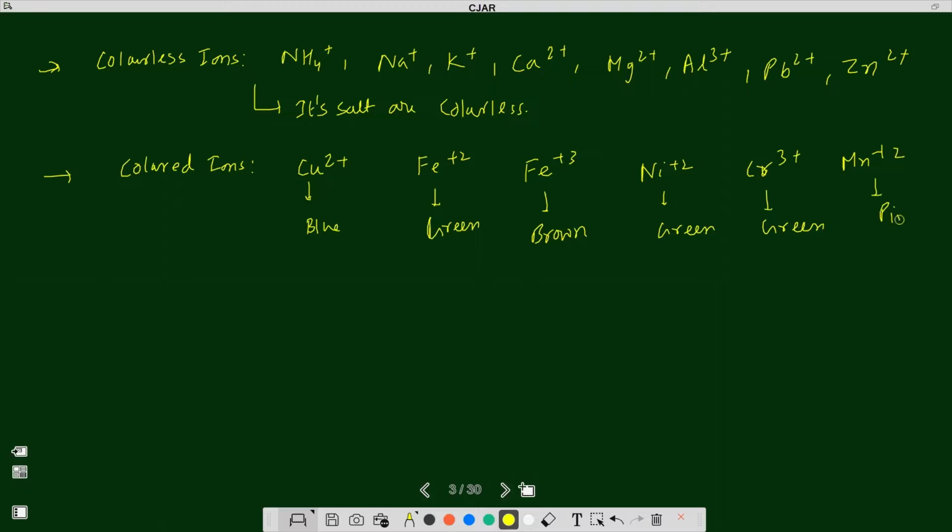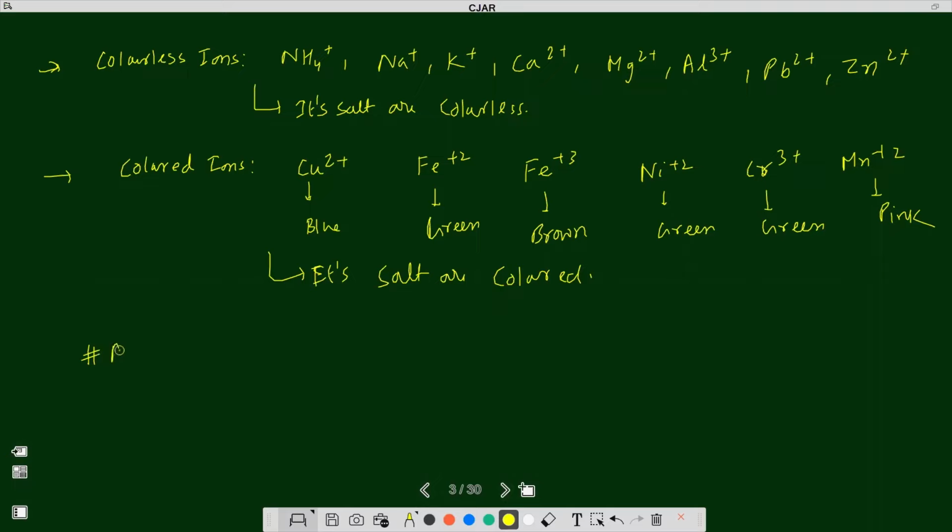Mn plus 2 is pink. Understood? And their salts are colored. If ions are colored, then the salt will also be colored. So whether the salt will be colorless or colored depends upon the color of the corresponding ions. Got it?